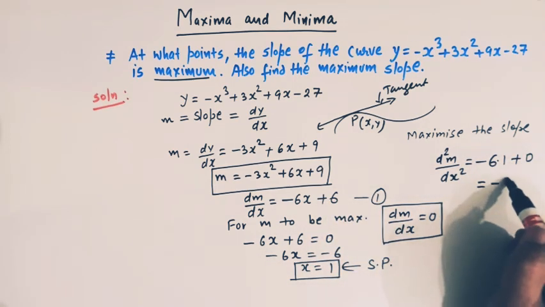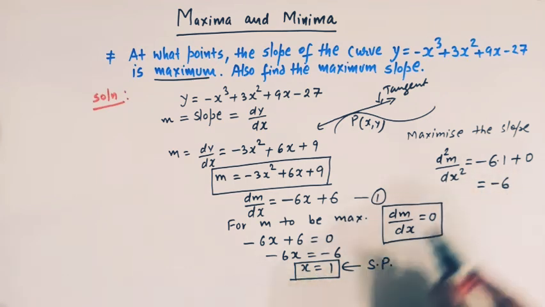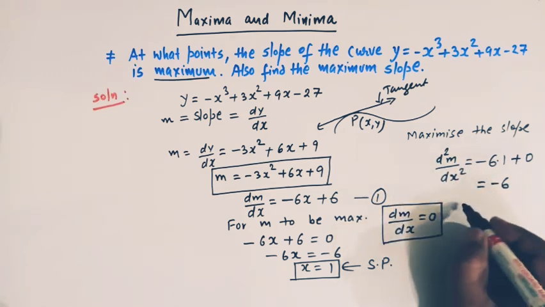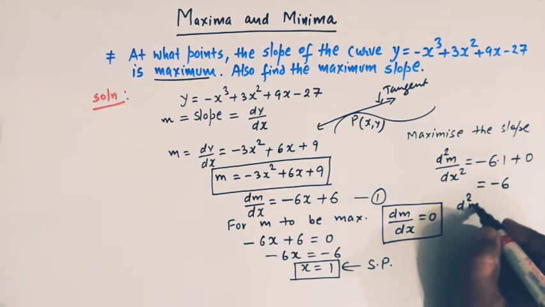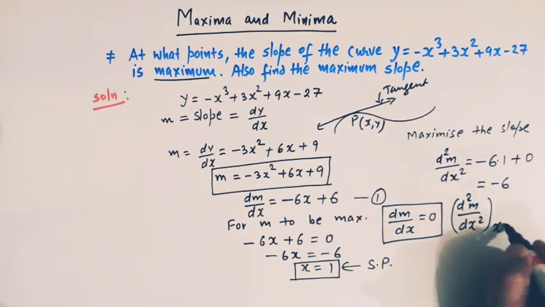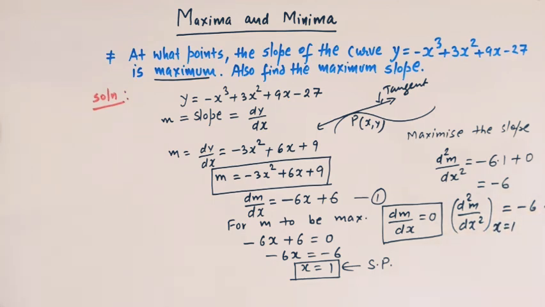So we have -6, and we see that if we substitute x equal to 1 in the second derivative, then the value of d2m over dx2 at x equal to 1 is -6, which is less than 0, right?